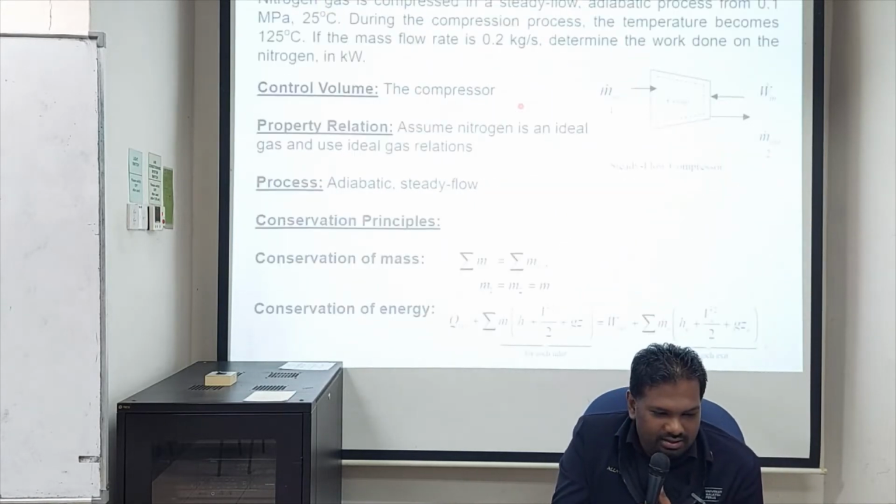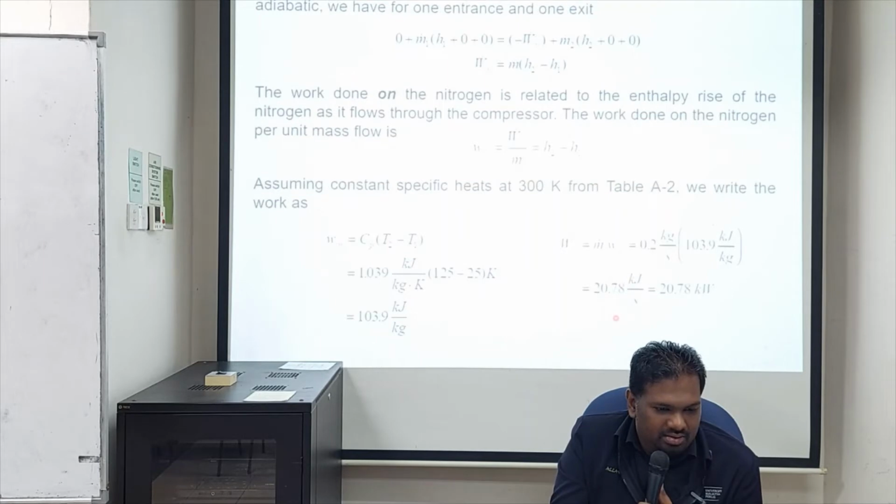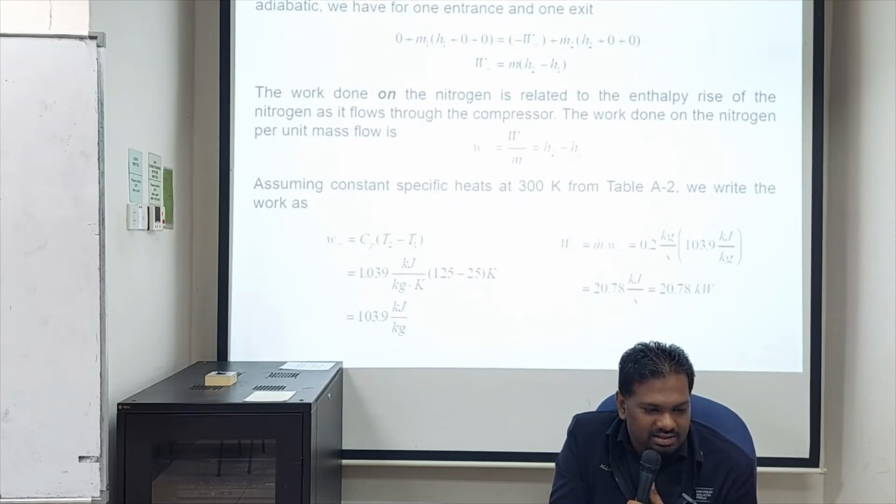So formula ni tengok. So based on apa yang you jadikan kosong, semua dijadikan kosong. So Q jadikan kosong, yang ni adalah velocity sebab tak ada kinetic energy, tak ada potential energy, so kosong, yang ni pun kosong. So at the end, apa yang tinggal? So you ada formula ni je.